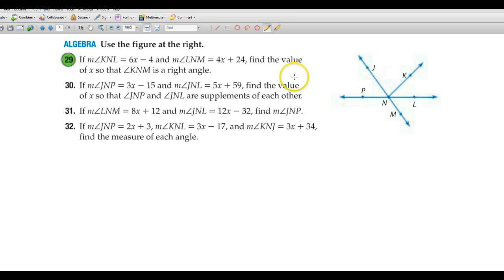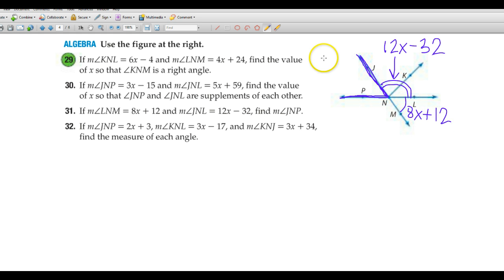Number 31, if LNM equals 8x plus 12, and JNL is 12x minus 32, then we want to find the measure of angle JNP, which so happens to be vertical with LNM.